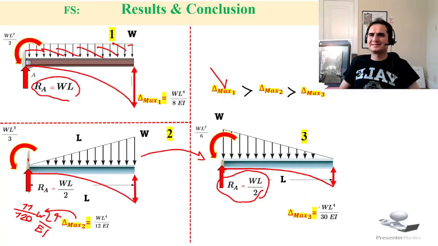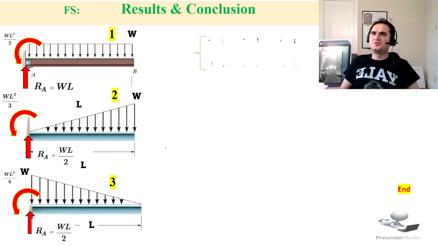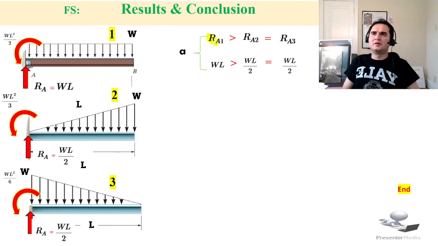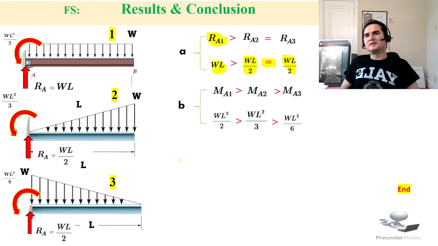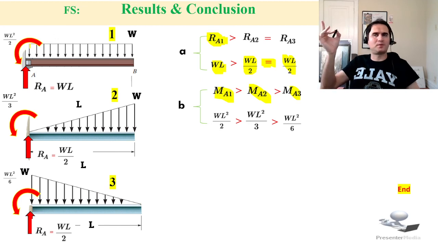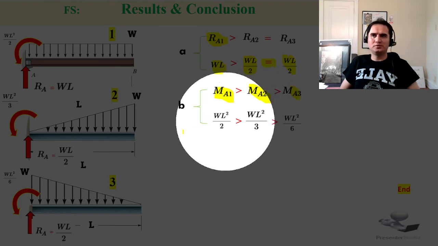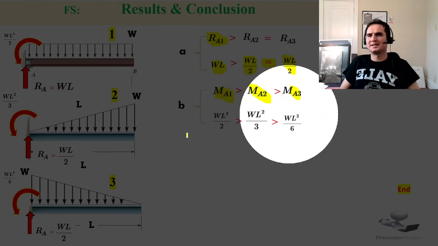And that's interesting. If you make a comparison again in load, you can easily see the load in the first scenario is bigger than the others, and the second and third are equal to each other in terms of load. In terms of moment, M at the fixed part for the first one is bigger than the second one, and that goes WL squared over 2, a half, a third, a sixth.